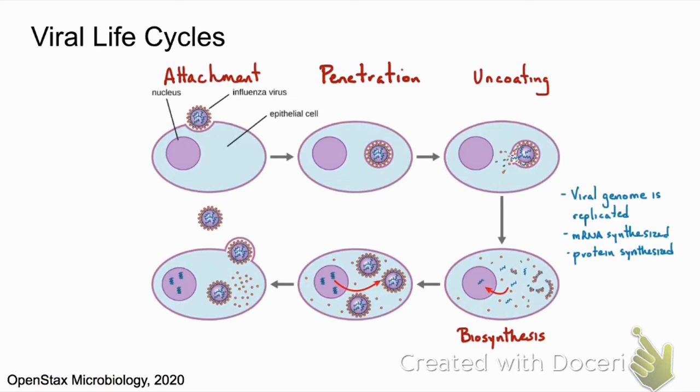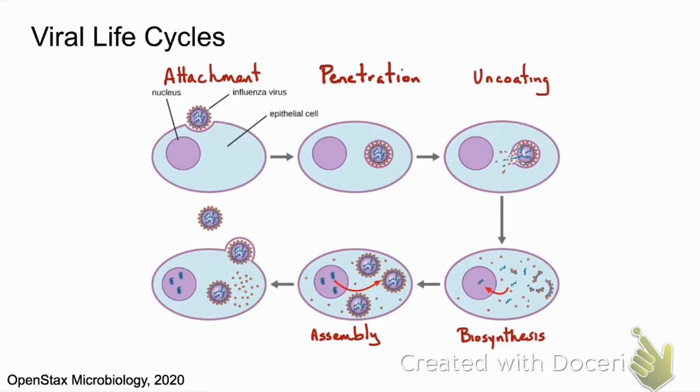First, the viral genome is going to be replicated. This could occur in the nucleus, the cytoplasm, or some other organelle. For example, some viruses actually replicate in the endoplasmic reticulum. mRNA will be synthesized, and then finally proteins that produce new viral proteins are going to be synthesized as well.